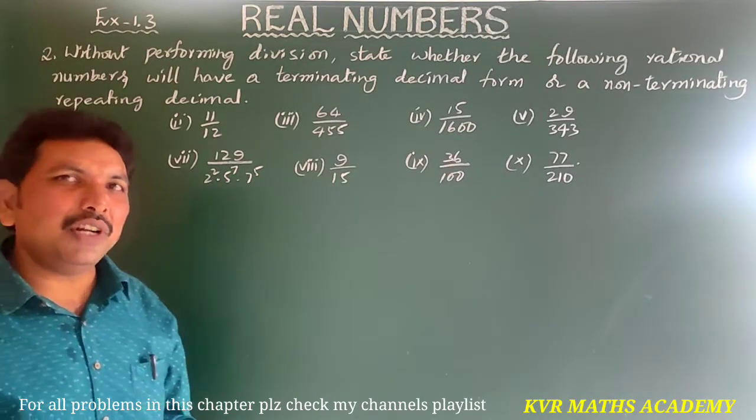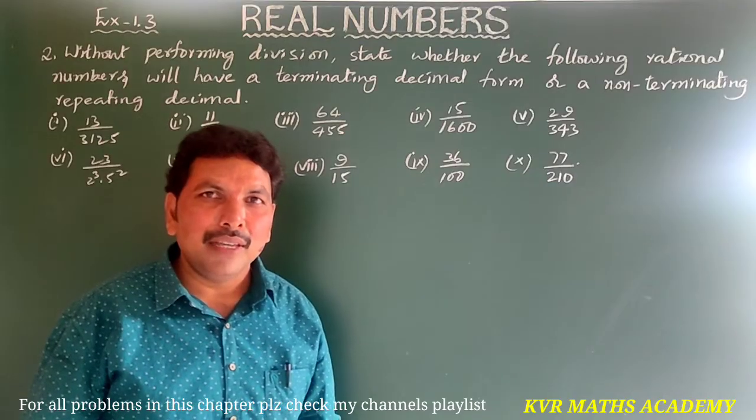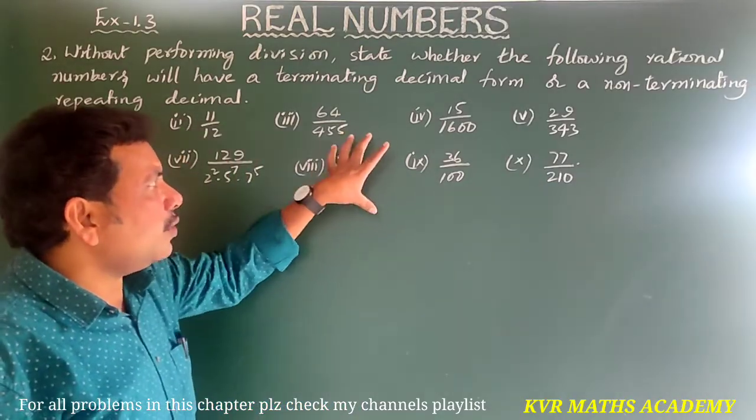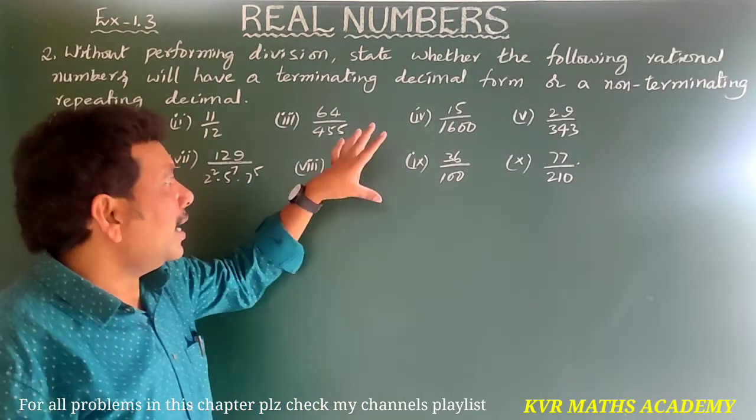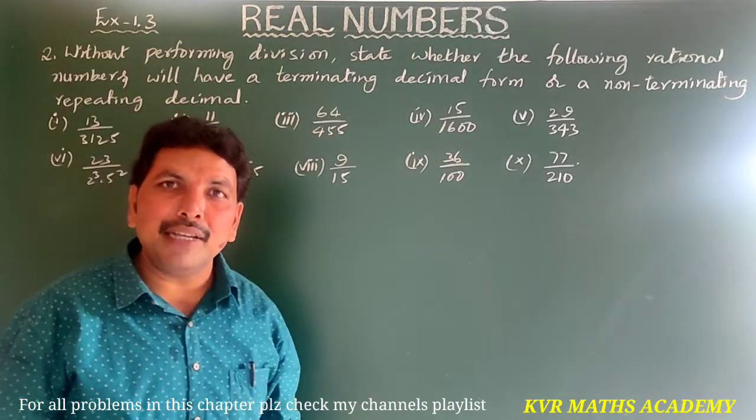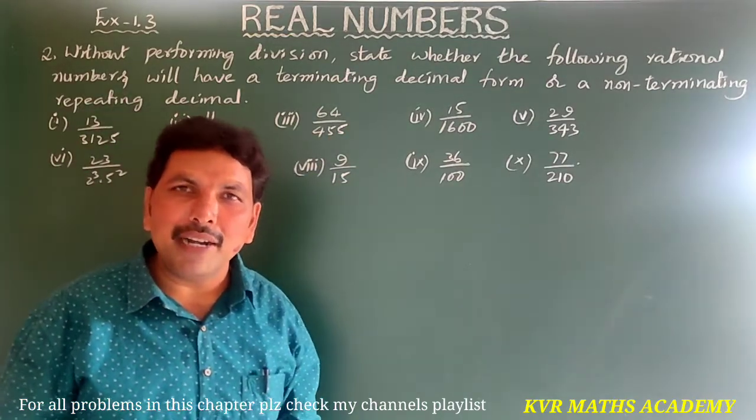Yes. Every rational number is in the form of p by q, no? How can you say without division whether a given rational number is terminating or non-terminating?